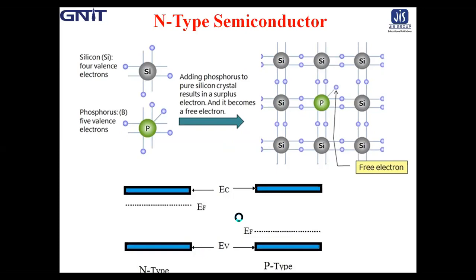The Fermi level of an N-type semiconductor is now close to the conduction band, as you can see in the first figure. The Fermi level for the p-type semiconductor I will cover in the next slide, where first I want to describe the p-type semiconductor.